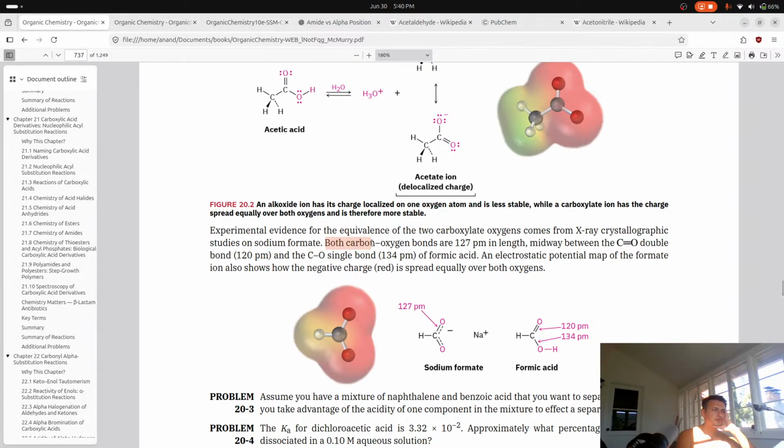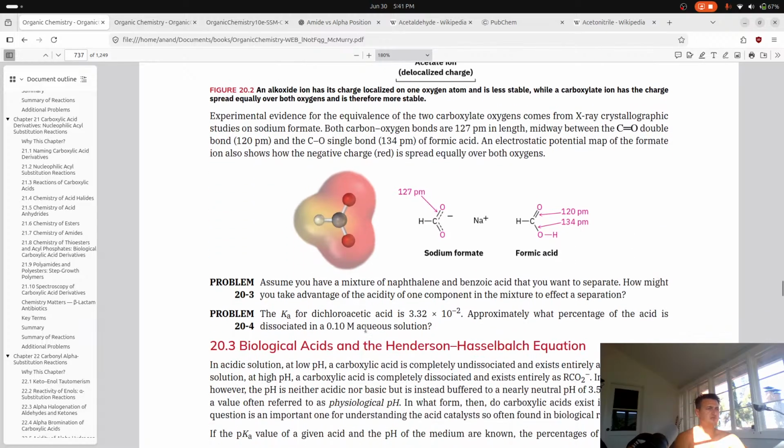Both carbon-oxygen bonds are equal in length, and they're in between a single and double bond. An electrostatic potential map shows how the charge is spread equally.